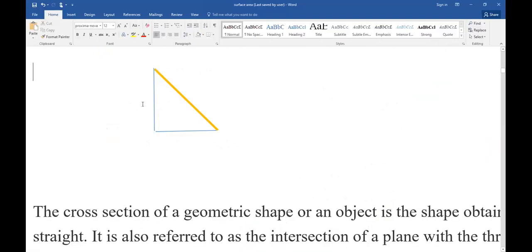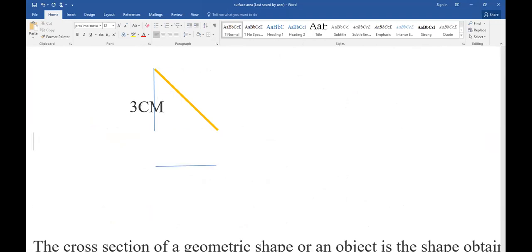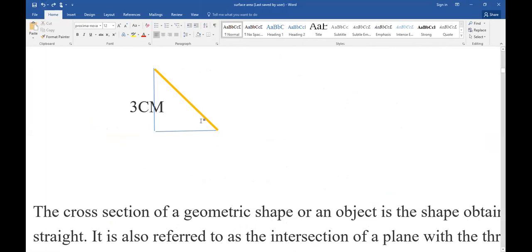So this distance here is 3 centimeters. And then this distance here is 4 centimeters.